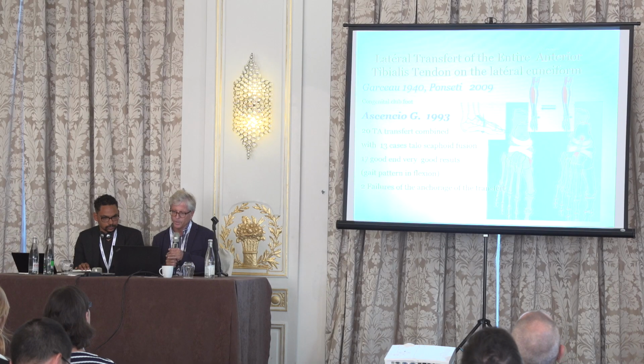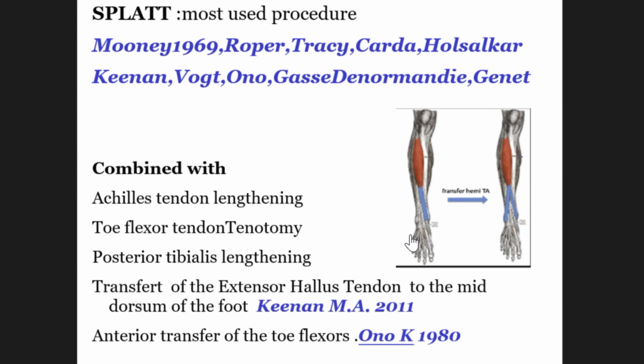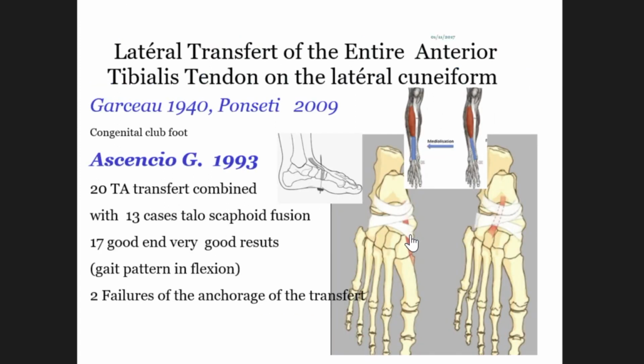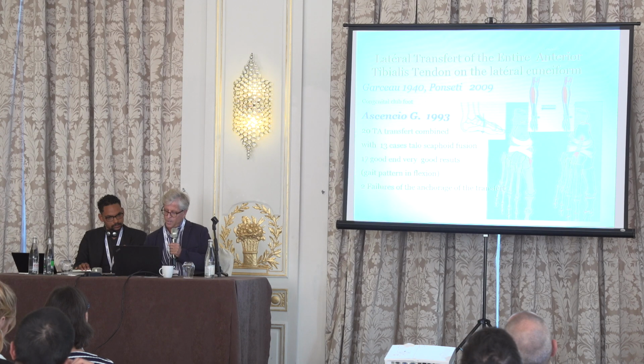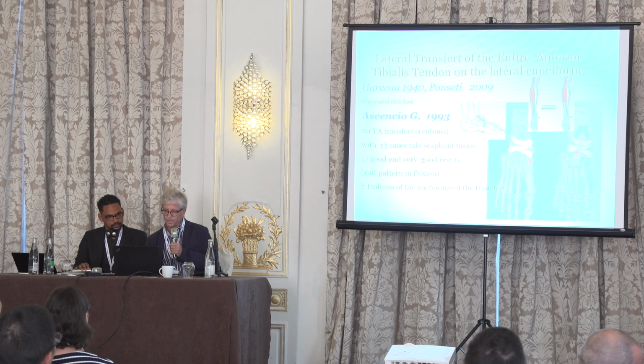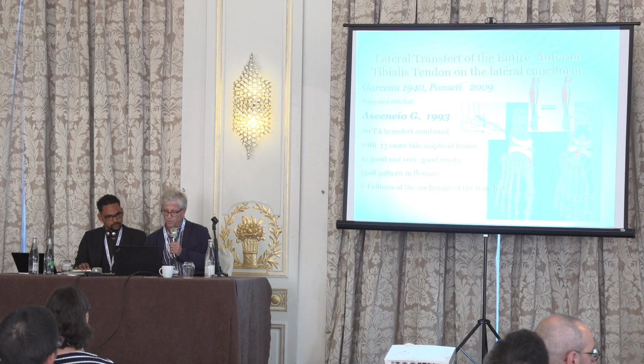The second procedure is the lateral transfer of the entire anterior tibial tendon onto the lateral cuneiform, first described by Garceau and Ponseti, used by Ponseti for the congenital clubfoot, and used in France by the Montpellier team with Asensio, who report good results. But you use the entire tendon, and you displace the tendon onto the lateral dorsum of the foot.